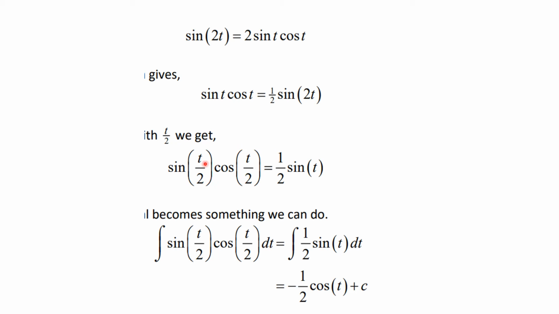I have, perhaps we call it z, is t over 2, but the same relation holds, and this is 2 times t over 2. So we have this relationship, so we can do this substitution. Pull the 1/2 out. Now we're integrating the sine of t dt, which is the negative cosine of t. So the answer at the end of this problem is minus 1/2 cosine of t plus a constant.